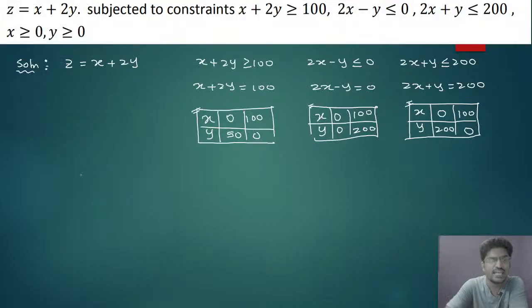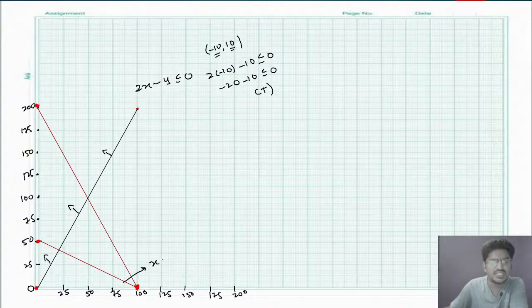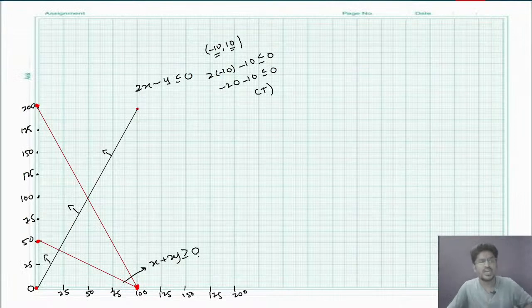See the second line. The second line is x plus 2y greater than or equal to 0. So see this line, that is x plus 2y greater than or equal to 0. Okay.